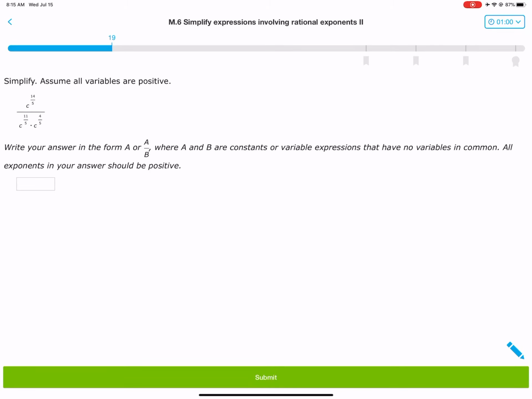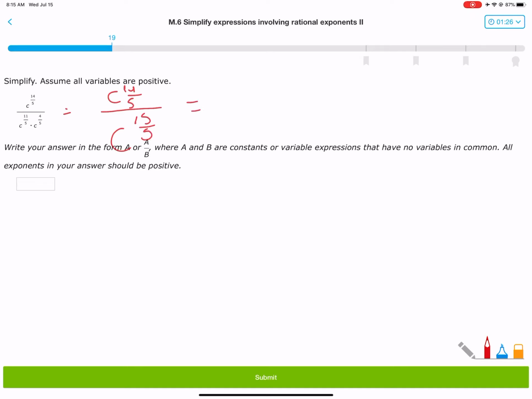Okay, so this one gets a little more complicated. So first we've got to add the fractions. So we've got c to the 14 over 5 over c to the, so 11 plus 4 is 15 over 5.